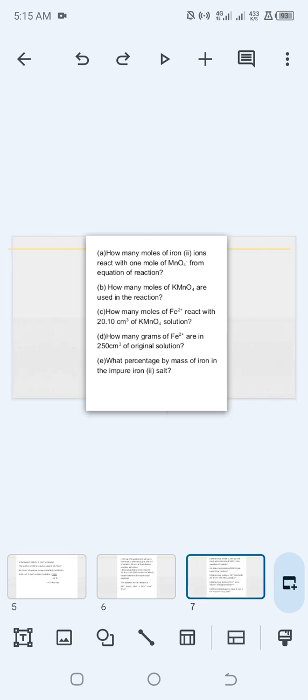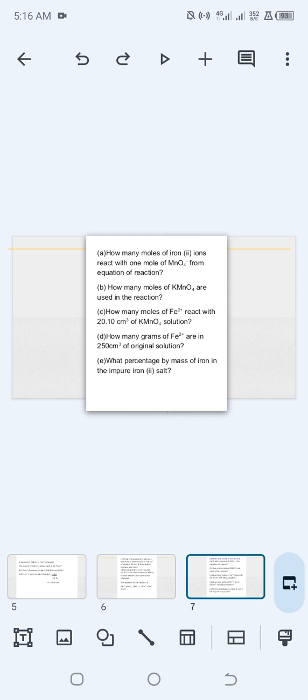Now, from this question, we have some questions to solve. A. How many moles of iron 2 ion react with 1 mole of MnO4⁻ from the equation of reaction? B. How many moles of KMnO4 are used in the reaction?